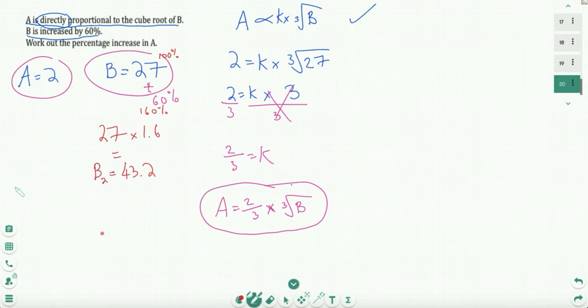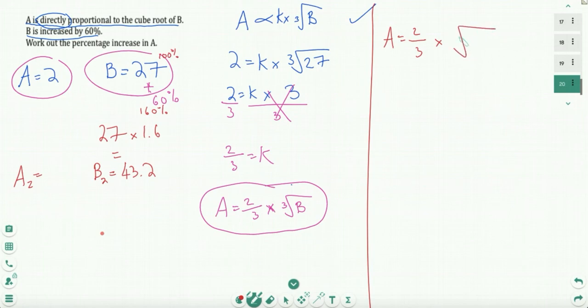And now let's try and find the new a value by using our equation. So a is equal to, our k is 2/3 times the cube root, and our b value now, after it's been increased by 60%, is 43.2. So a is equal to 2/3 times the cube root of 43.2.